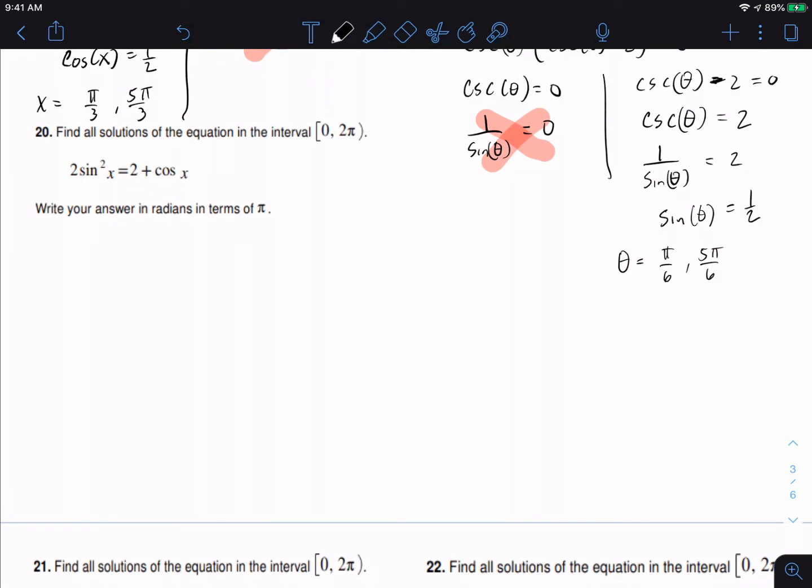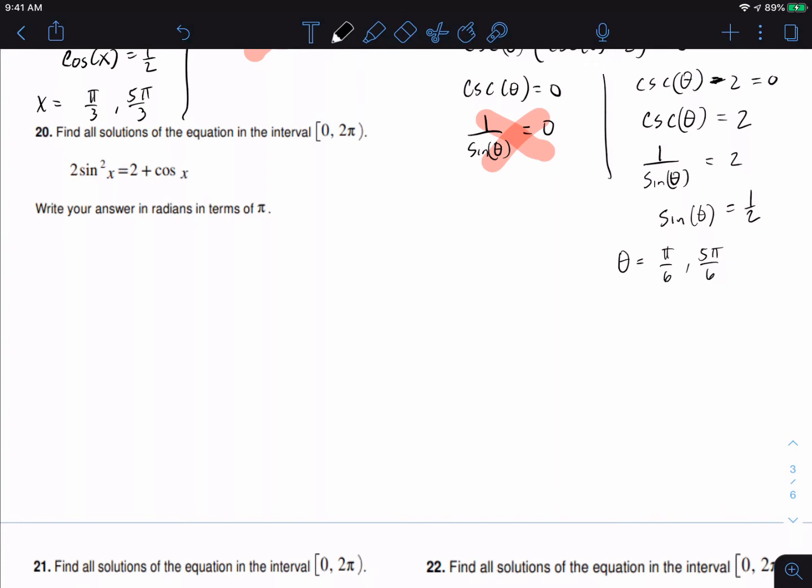Here's number 20. I feel like we're flying, but okay. All right, so to find this solution, is everything in terms of sine here? The answer is no, right? We have sine squared and we have something with cosine in it.